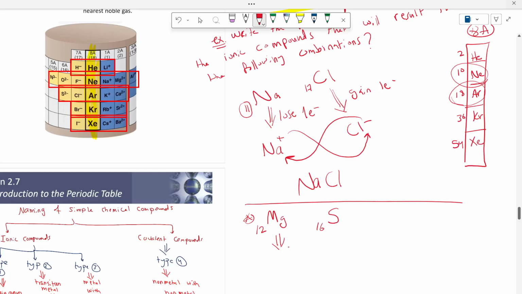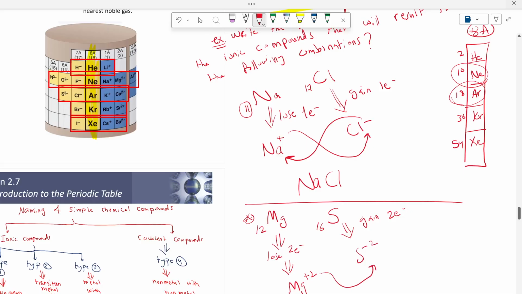Then magnesium will lose 2 electrons to form Mg plus 2. Sulfur is 16. The corresponding noble gas is argon, 18. So sulfur will try to gain 2 electrons to form S minus 2.